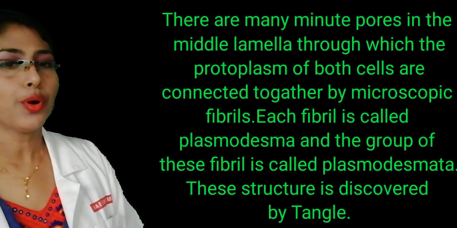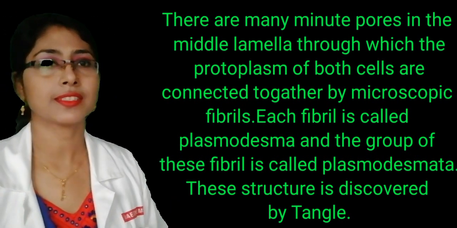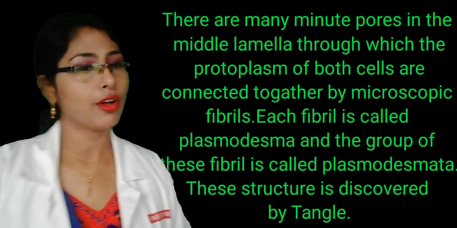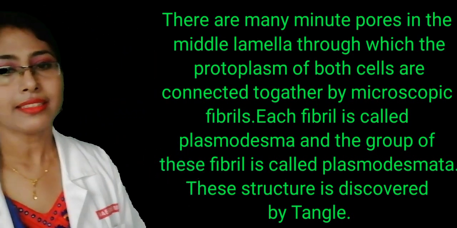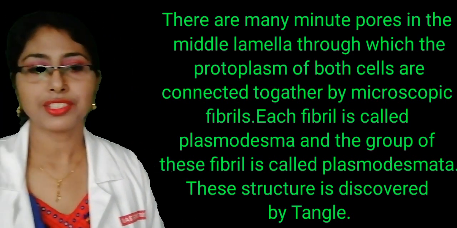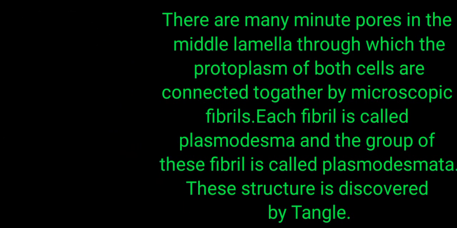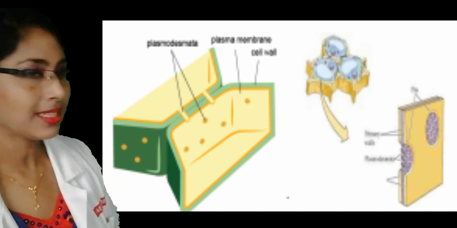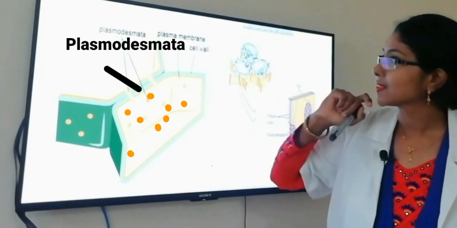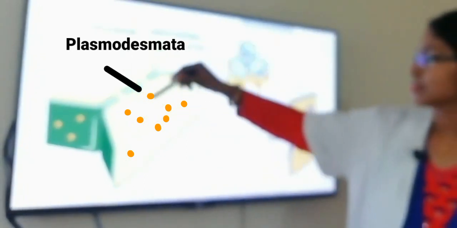There are many minute pores in the middle lamella through which the protoplasm of both cells are connected together by microscopic fibrils. Each fibril is called plasmodesma, and the group of these fibrils is called plasmodesmata. This structure was discovered by Tangl. This is plasmodesmata. So this is the minute pore, and this is called plasmodesmata.